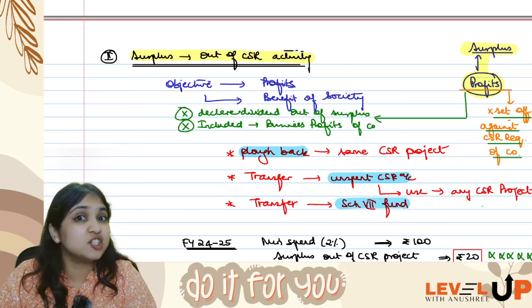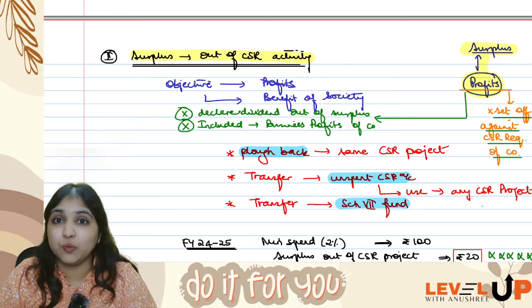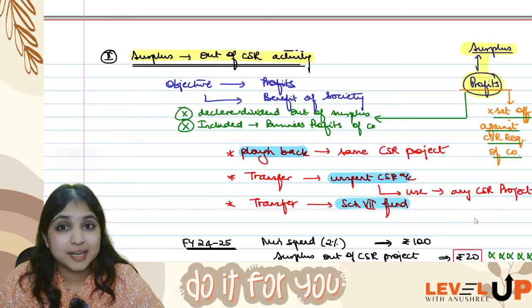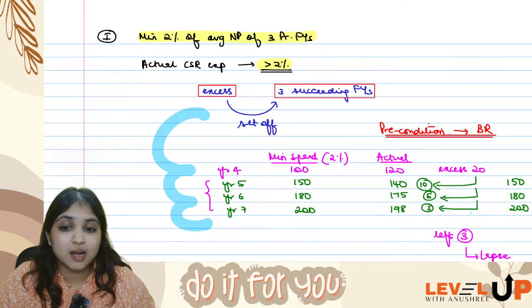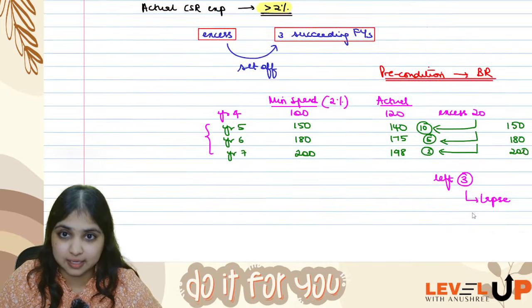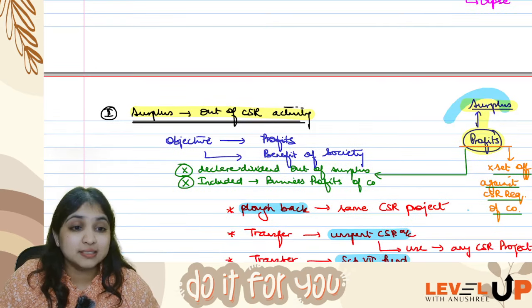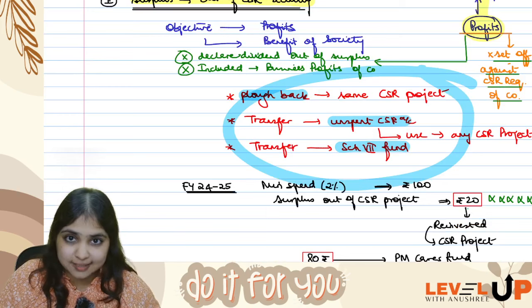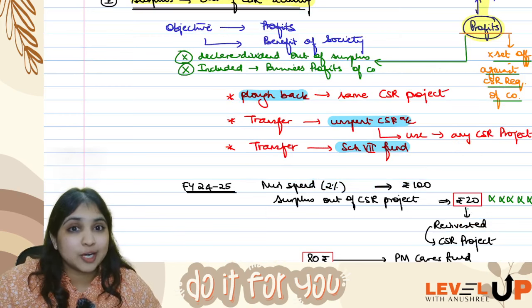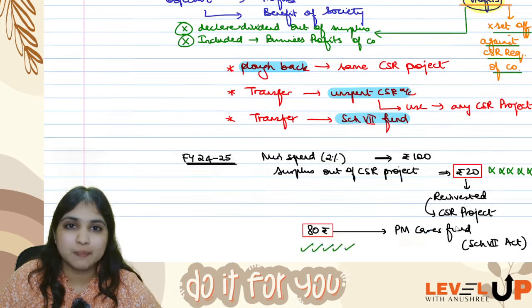And they've not tested this twist yet. So be well aware. In case the company has spent extra on CSR, that extra can be set off against the CSR requirement of the next 3 years. But if the company earns any surplus out of CSR, yes, even that has to go back into CSR only. But that cannot be set off against the CSR requirement of the company.